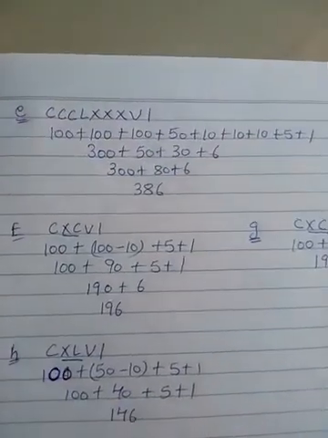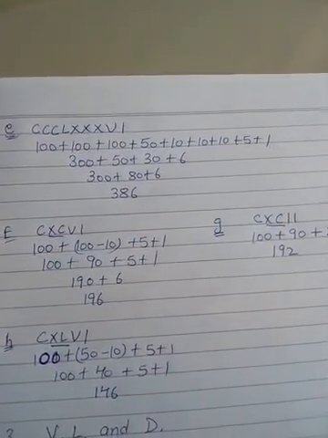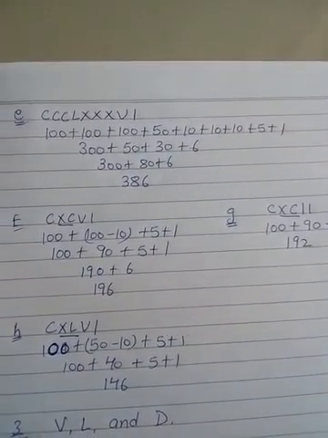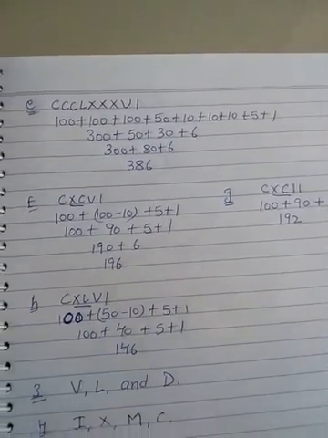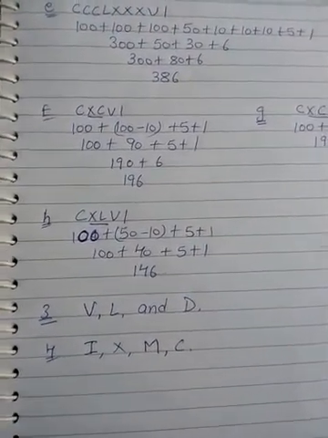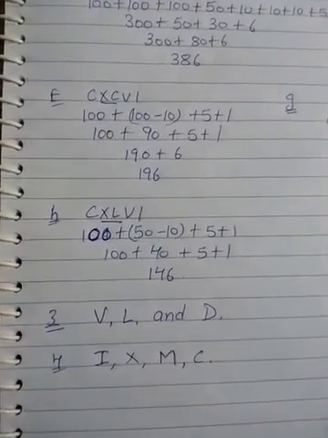See, CCC L XXX VI, it's 386. Okay, CXC: XC means 100 minus 10, which is 90, and 5 plus 1 is 6.